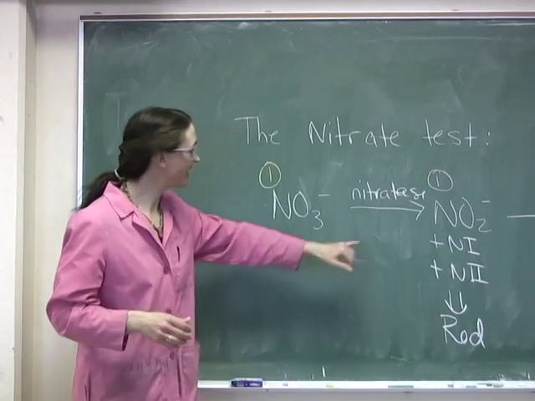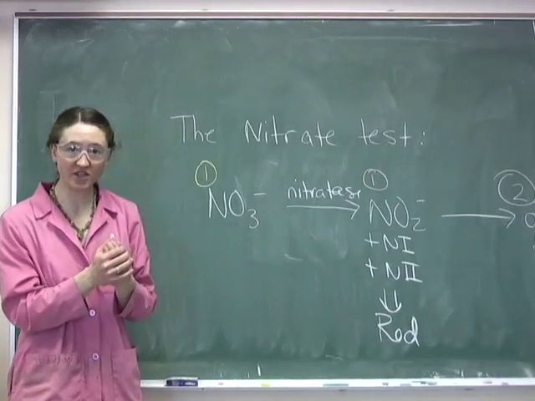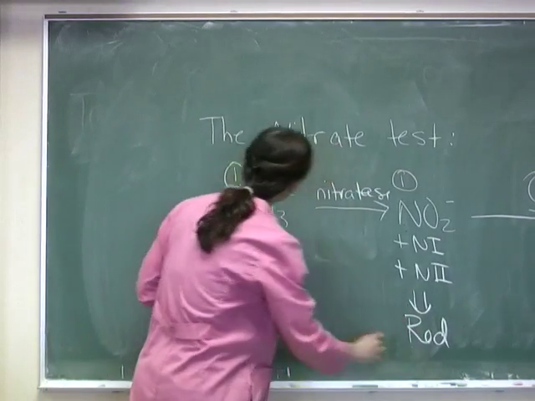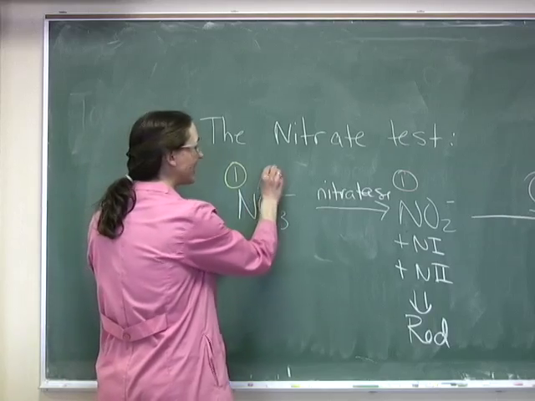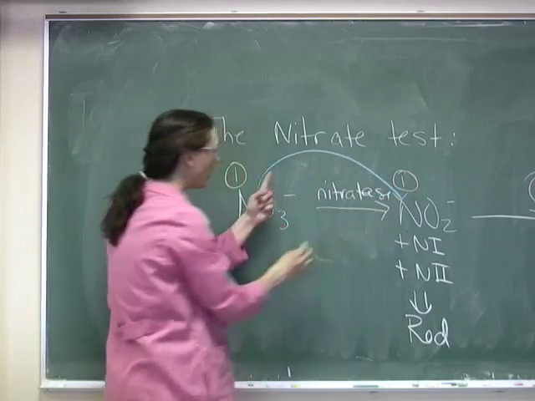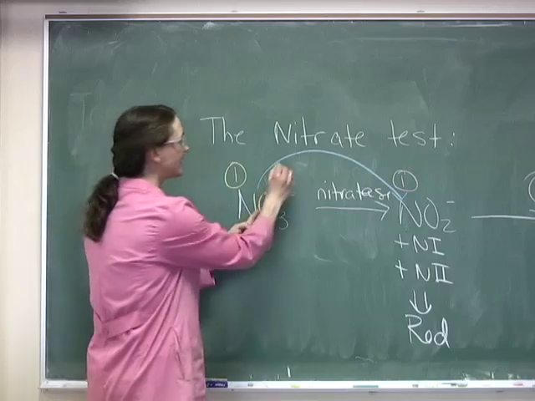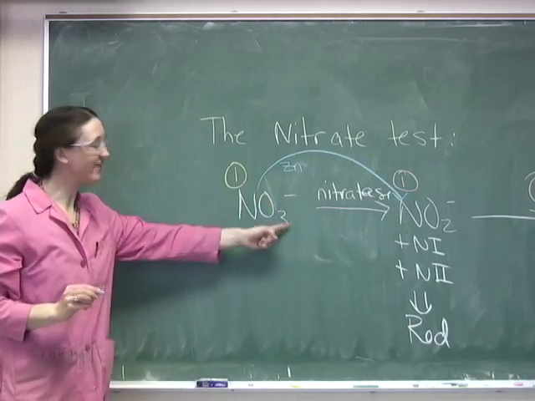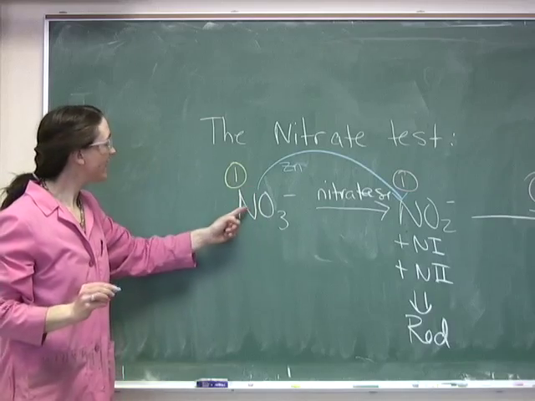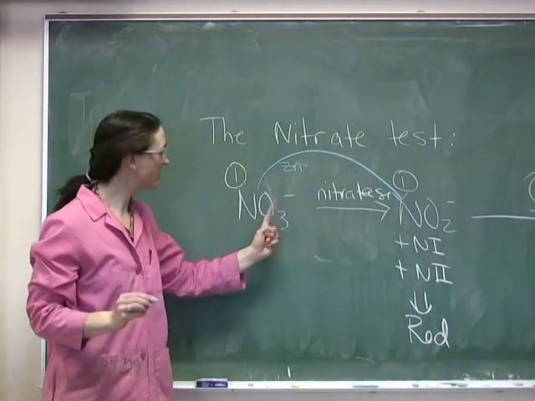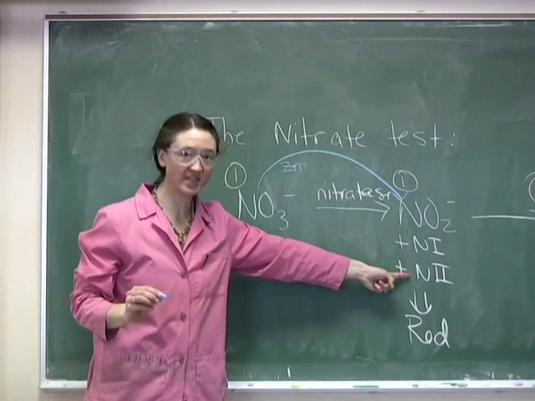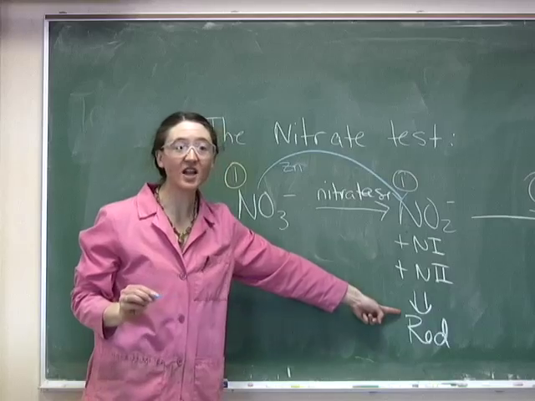So after adding nitrate 1 and 2 and seeing no color change, your next step is to add zinc. With the addition of the metal zinc, zinc will convert nitrate to nitrite. Thus, if you have a negative organism, the zinc will reduce the nitrate to nitrite, and then it will react with nitrate 1 and nitrate 2, and that'll give a red color.